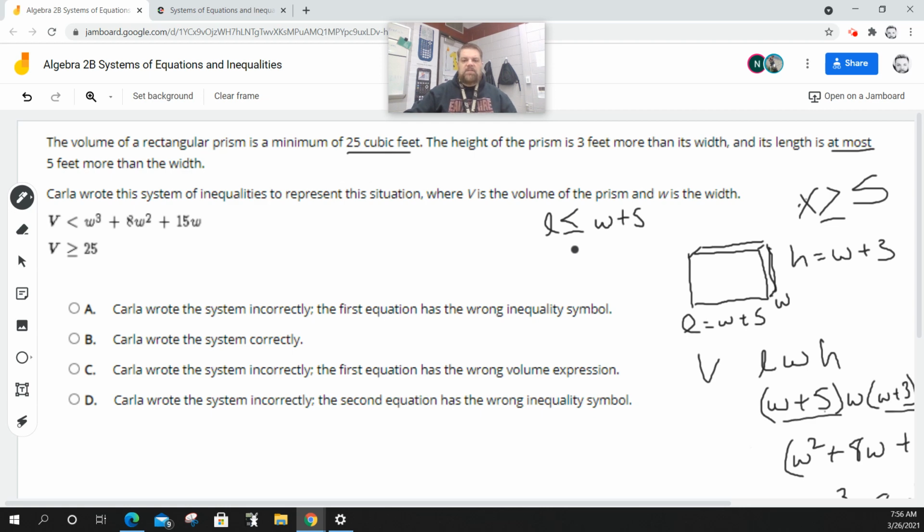But you can include it. So I think the first inequality is okay because we're saying at most, so that means it's less than. And then it's saying the volume of the rectangular prism is a minimum, so it's greater than or equal to 25 cubic feet.